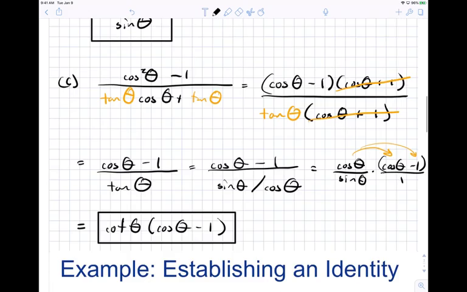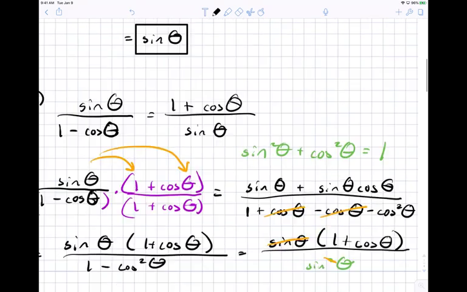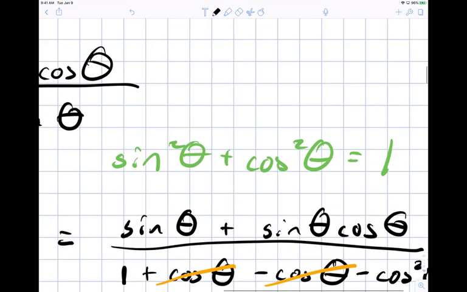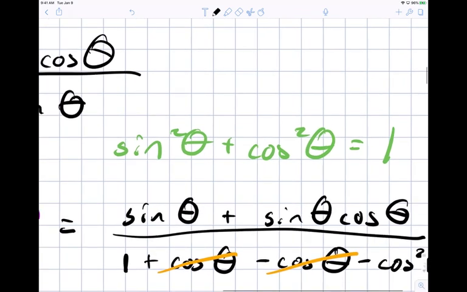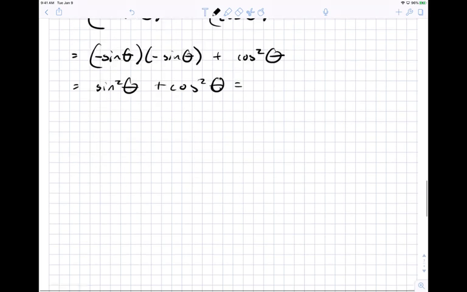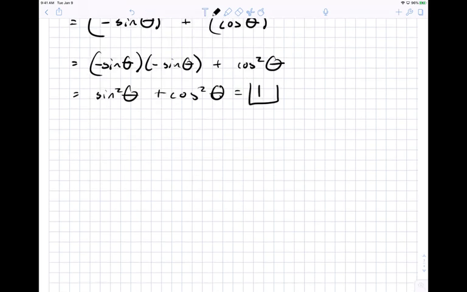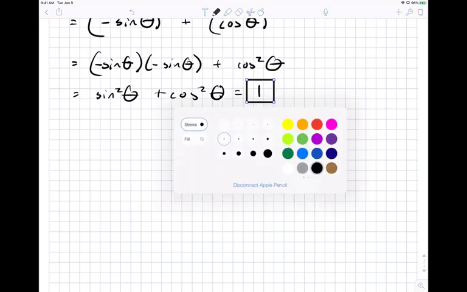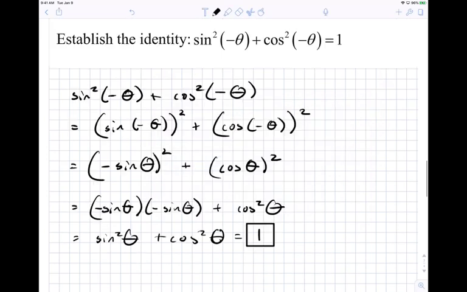Remember right there in the green? We said sine squared plus cosine squared equals 1. Okay, so if we go back right here, again, this should equal 1, which is the identity that we wanted to establish. Okay, I think that's how that one goes.